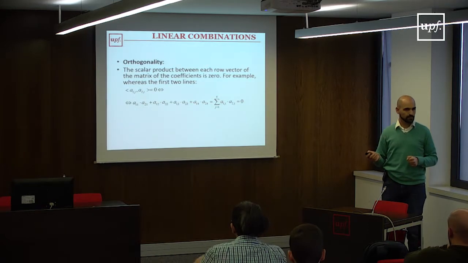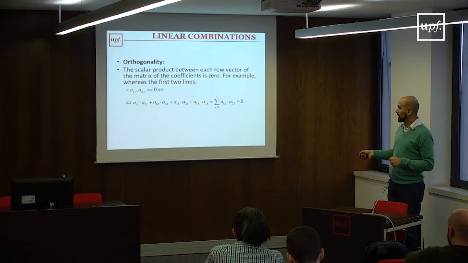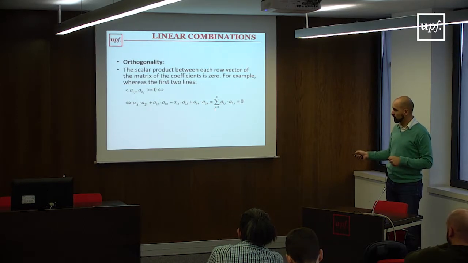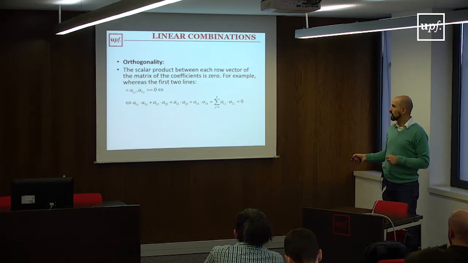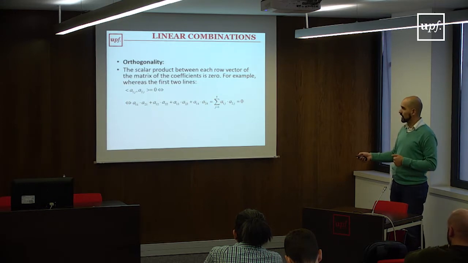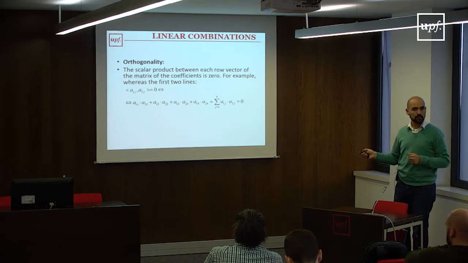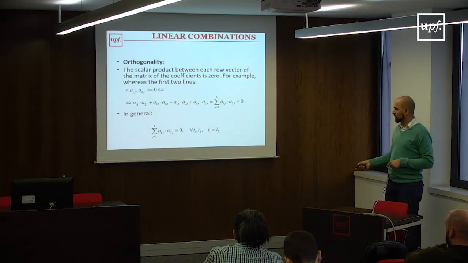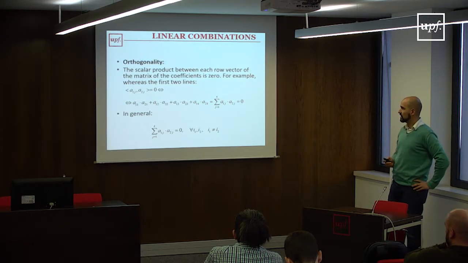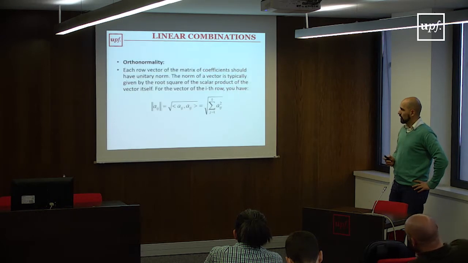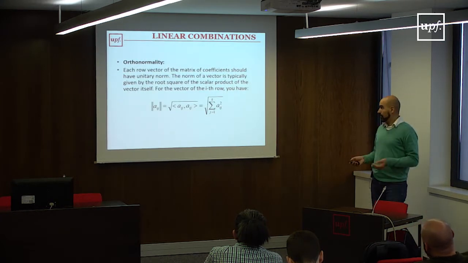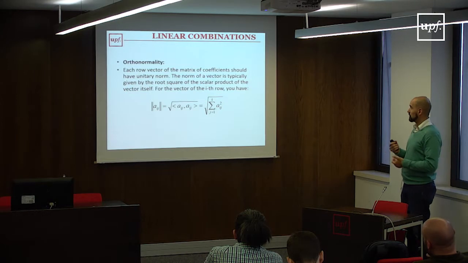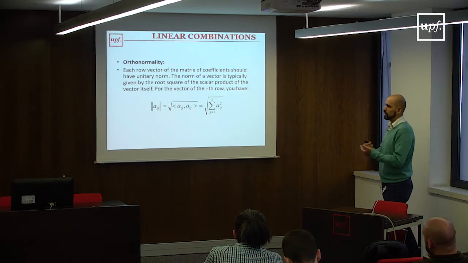We can create coefficients that fulfill this, so the scalar product between these coefficients is 0. In general, we can write it like this. Orthonormality. So each row vector of the matrix of coefficients should have unitary norm.